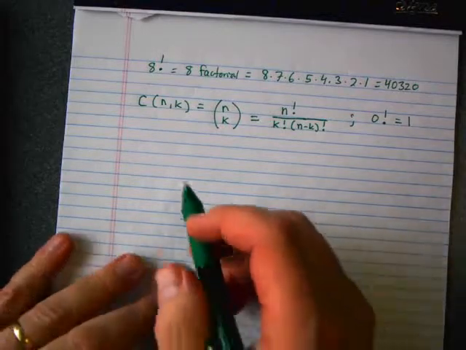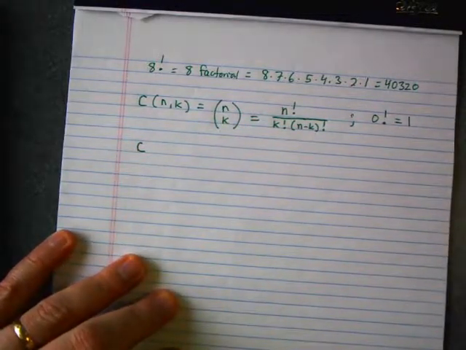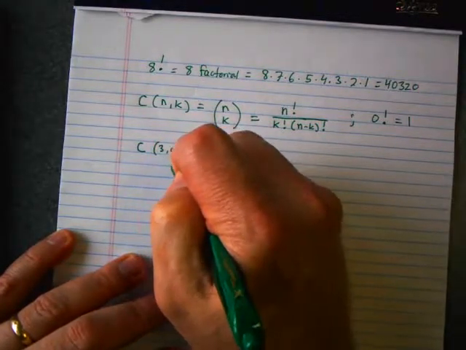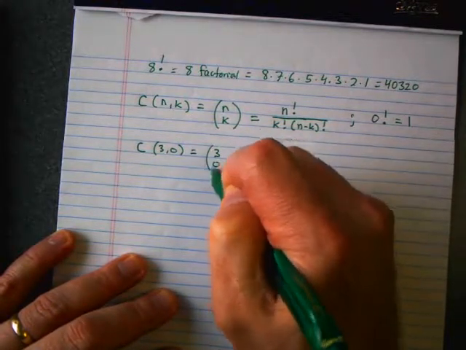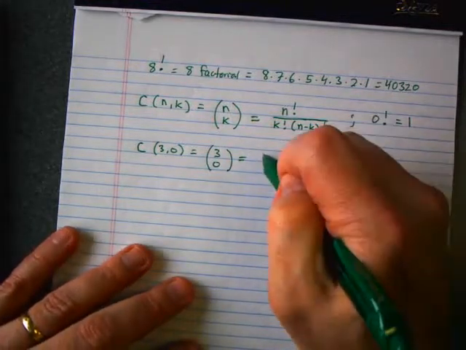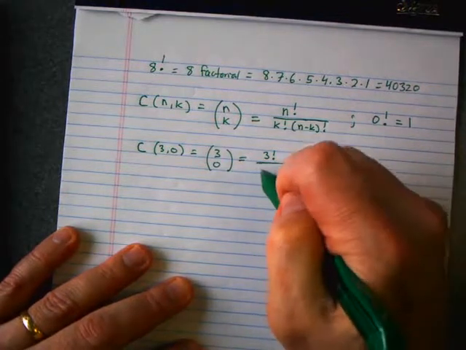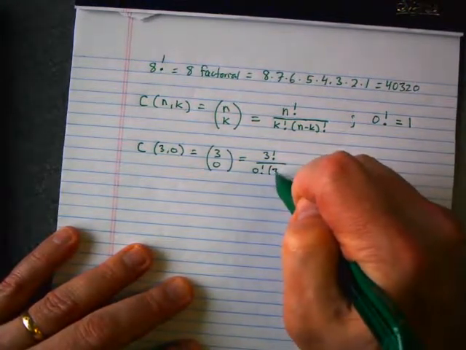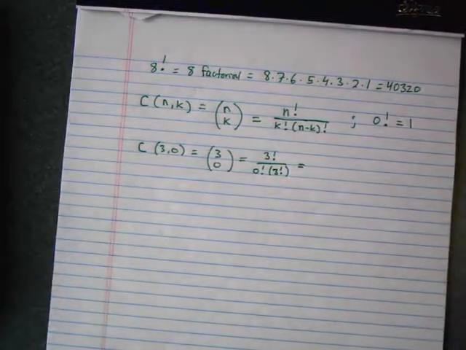So let's say I asked you to do C, which stands for choose, by the way. That's why it's called choose. So C of 3 comma 0, which is also written as 3 0. According to this formula, that would be 3 factorial divided by 0 factorial times 3 minus 0, which would be 3 factorial. So here's why we want 0 factorial to be a number.